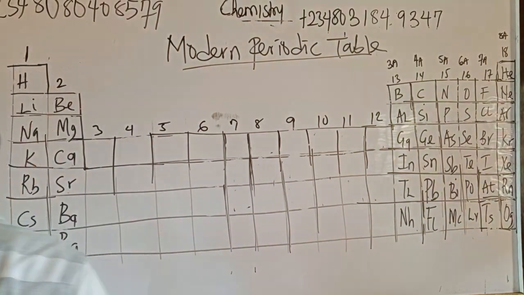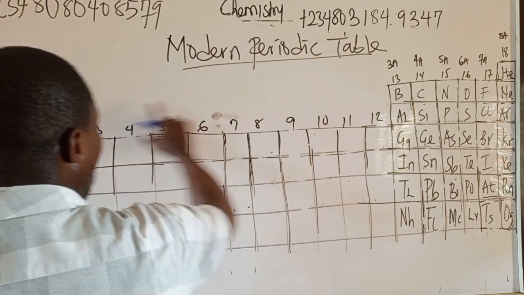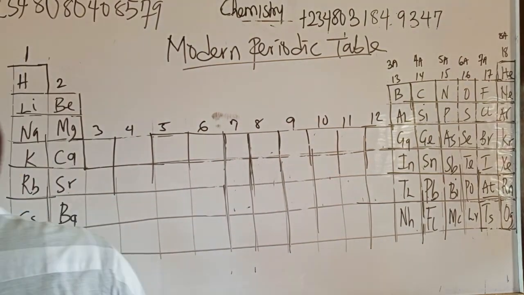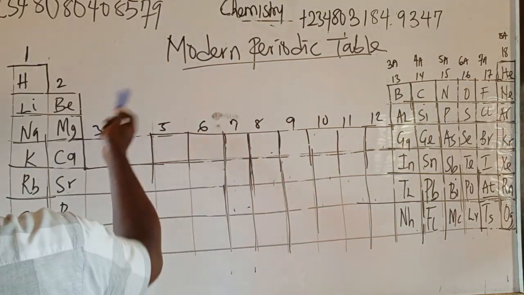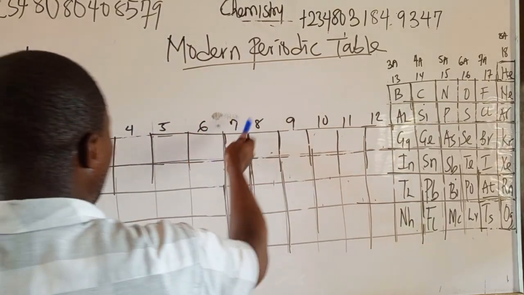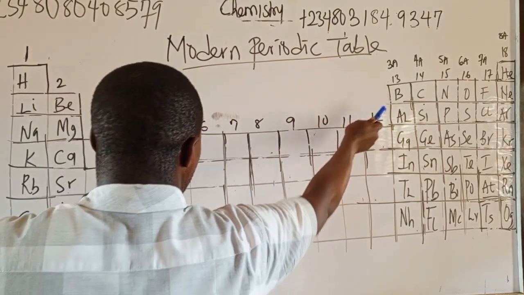Then let us look at groups 3 to 12, which are called the transition metals. You can also call them group 3B, 4B, 5B, 6B, 7B, 8B, 9B, 10B, 11B, 12B.